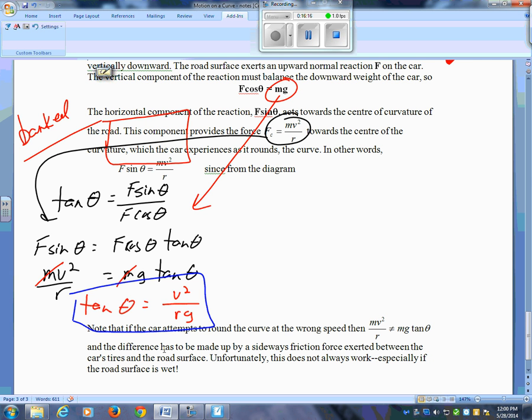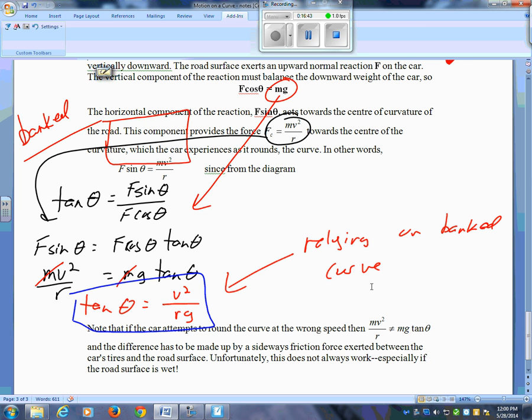So this is only relying on the banked curve. In other words, you could use this formula if you could make a frictionless road, you could actually go around the curve as long as you've worked out all the pieces, right? If you go too fast, then you have to also have some friction involved.